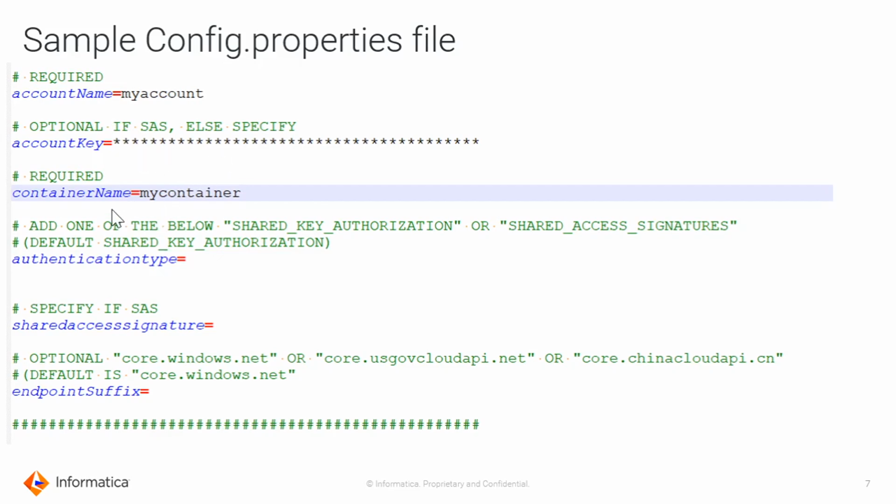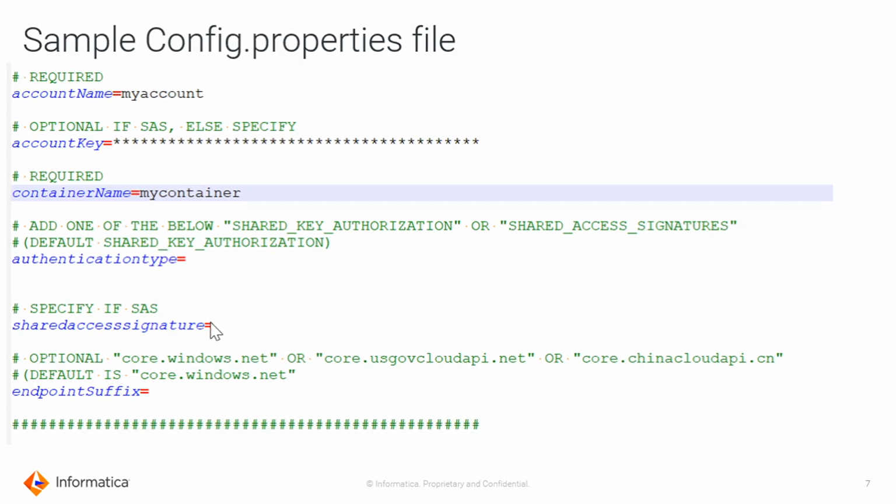The container name is a required field and this specifies the name of your Azure Blob container. The next option is the authentication type. As mentioned before, since it supports two types of authentication, you will have to specify which authentication you are using currently. If you do not provide any value over here, by default it will take it as shared key authorization.